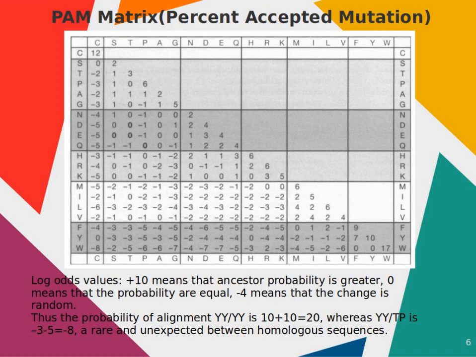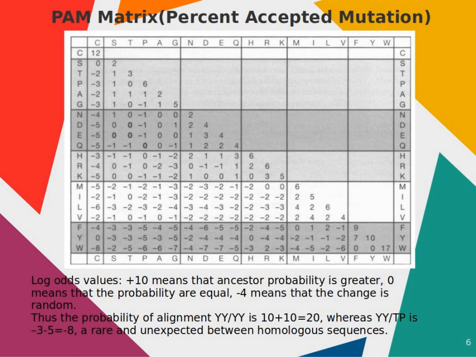A log odds value of plus 10 means that the ancestor probability is greater. A log odds value of 0 means that the probabilities are equal. A log odds value of minus 4 means that the change is random. That is, we are checking the percentage of accepted mutation.